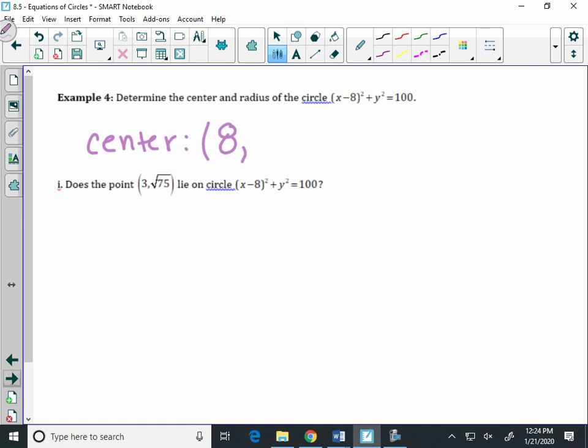Are we adding or subtracting anything with the y? No. So what do you think is paired with it? 0. We're adding or subtracting nothing. And 0 represents nothing. So whenever it's just x squared or y squared, it's just 0. And then what do we have to do with 100 to get our r? Square root it. What's the square root of 100? There you go. There's your center and your radius.